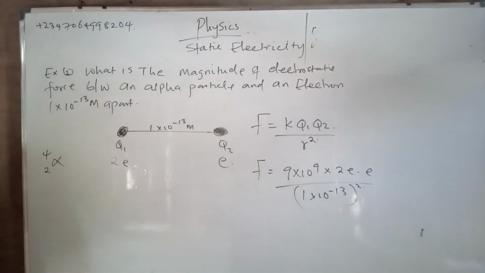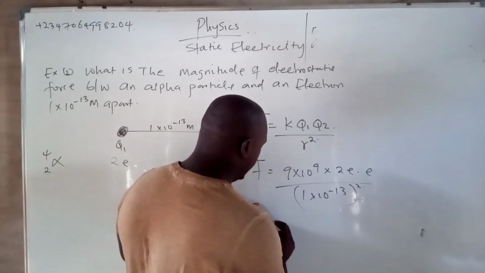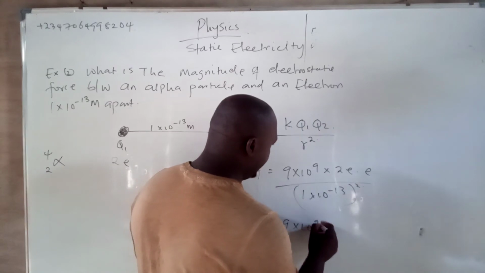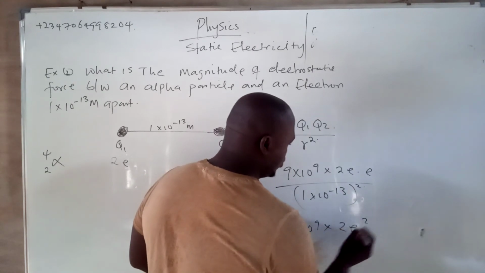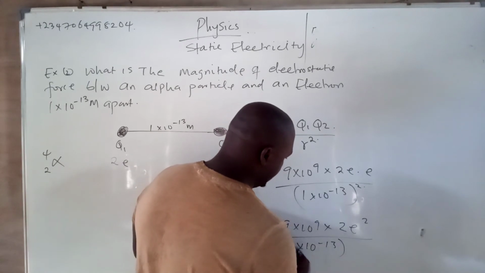Now remember we have the 2 e's here. That means 2e times e, we have 2e squared, right? So F is 9 times 10 to the power of 9 times 2e squared all over 1 times 10 to the power of minus 13 squared.